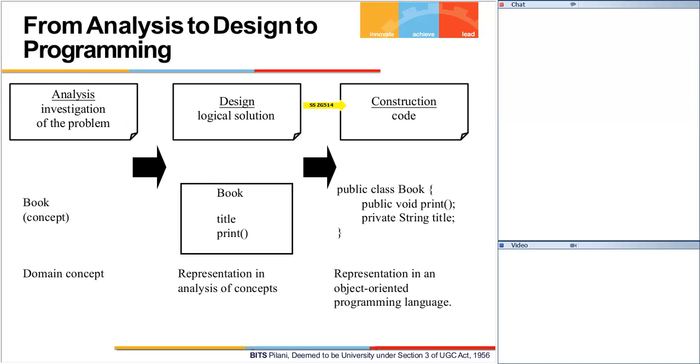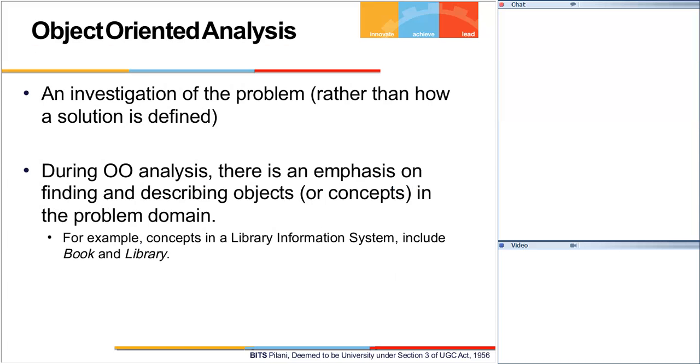I'll go back to each of these and give you an idea of what exactly is expected to be done in each one of these, right? So object-oriented analysis aims at investigation of the problem. You are given a problem and you are asked to identify the various real world objects that exist in the given case, right?